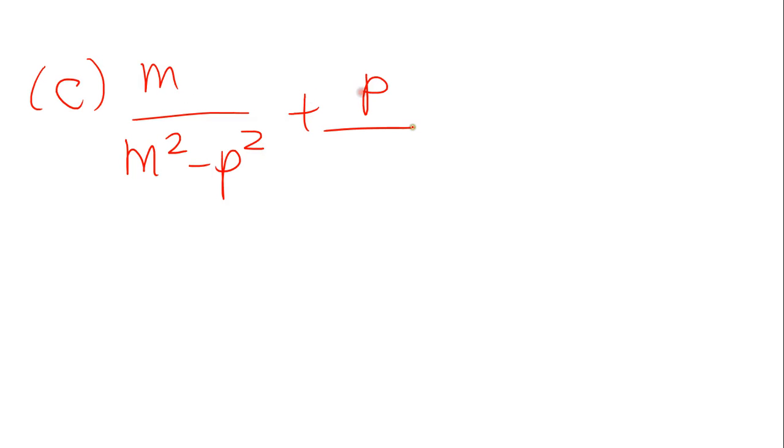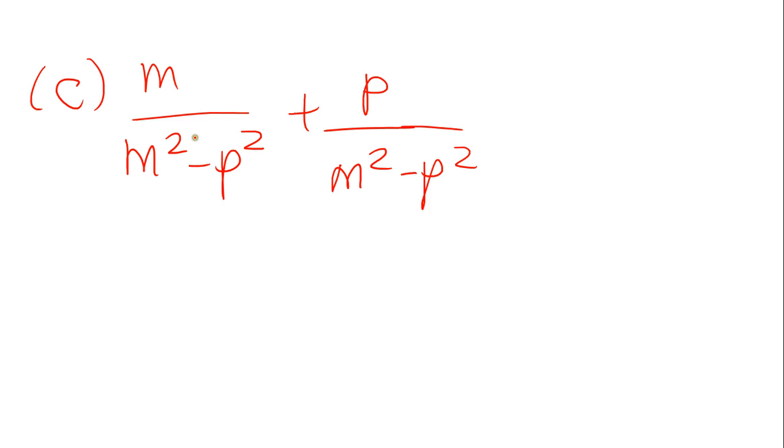Part C, we have m over m squared minus p squared plus p over m squared minus p squared. Alright, the only difference is now we have a longer denominator, but we still have the same thing going on.